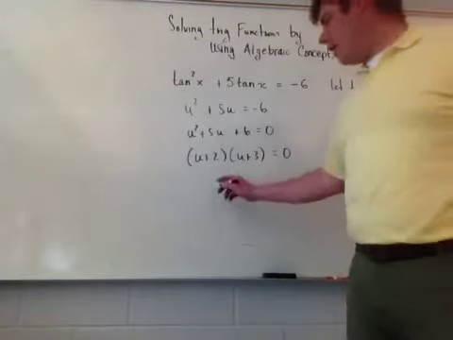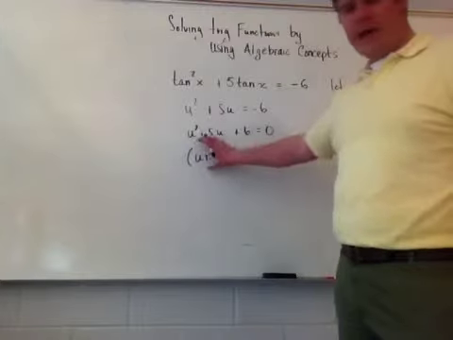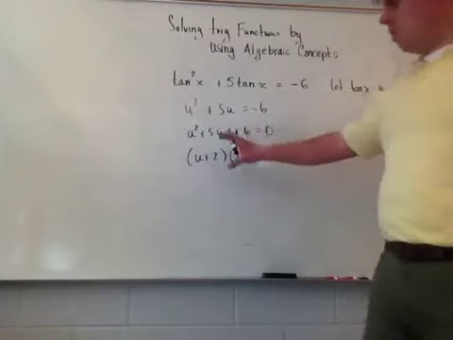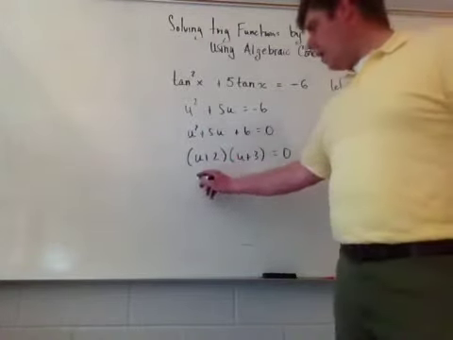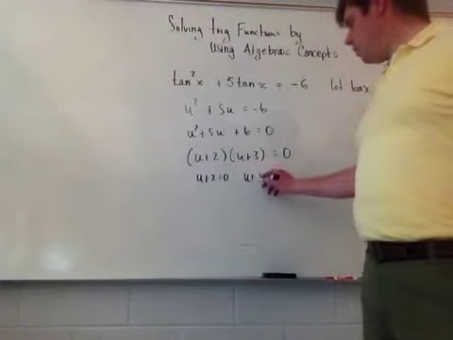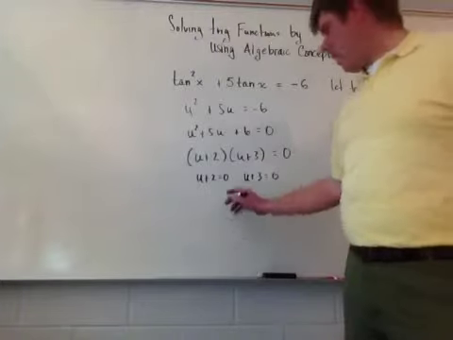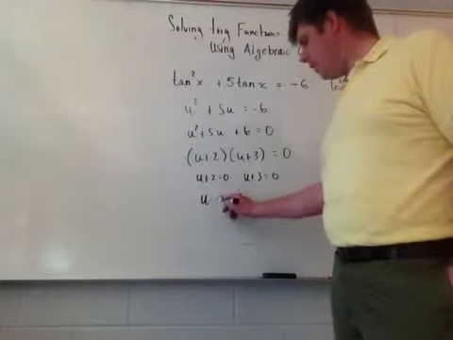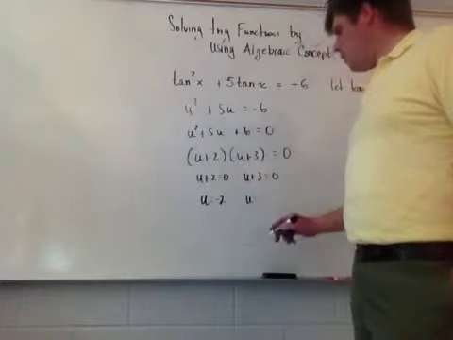One factor times another factor gives me 0, so one of these must be 0. Either u plus 2 equals 0 or u plus 3 equals 0, so u is equivalent to negative 2, and u is equivalent to negative 3.